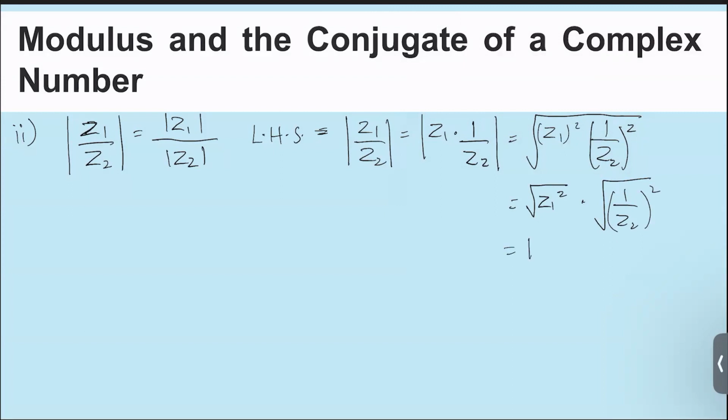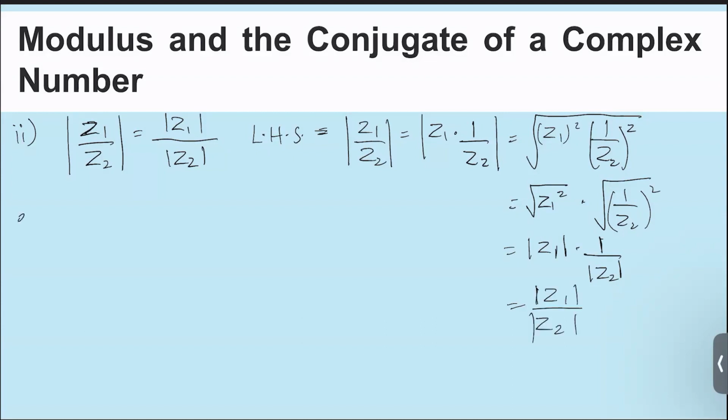So this you can write directly as mod of z1, and this will be 1. The square root of 1 will be 1, obviously, and then you will have the mod of z2. And therefore, you can write this as mod z1 upon mod z2.